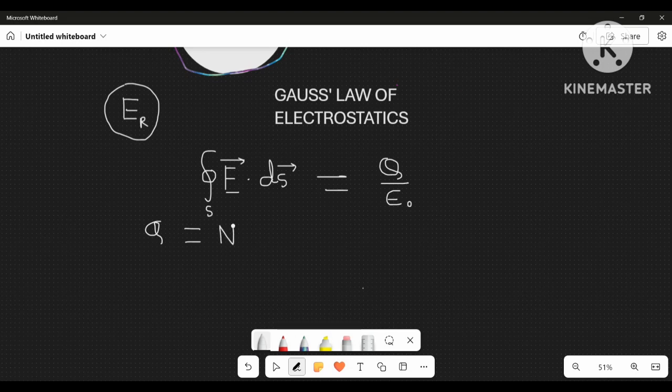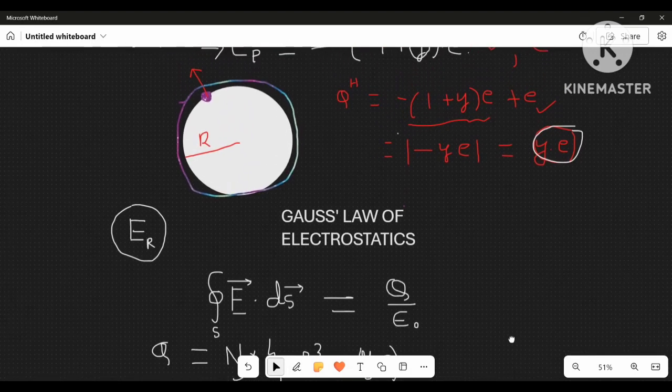First, the number density comes up, which is the number of hydrogen atoms per unit volume of that sphere, times the volume of the sphere, which is 4/3 times pi times the radius cubed, times the charge on a single hydrogen atom, which is y times e. So number density of hydrogen atoms times the volume of the sphere times the charge on a single hydrogen atom gives us the net charge enclosed by the Gaussian surface, which we have considered here.